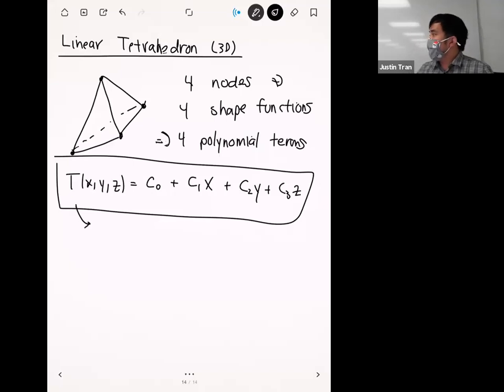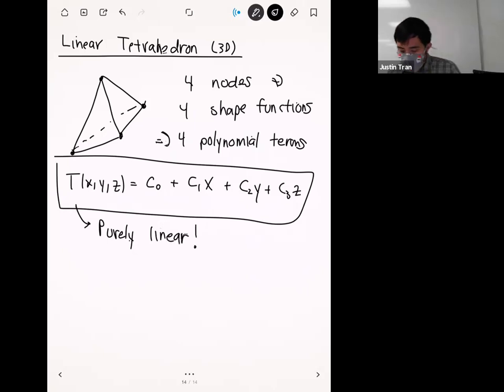Just like its triangular cousin in 2D, you can see that all of the terms here are purely linear, so there are no pseudo terms here at all.